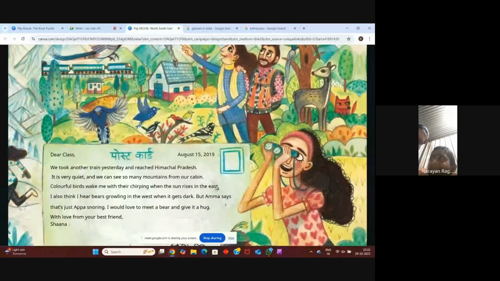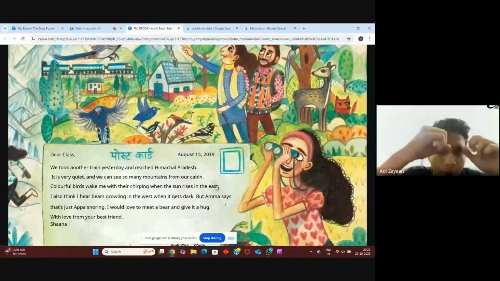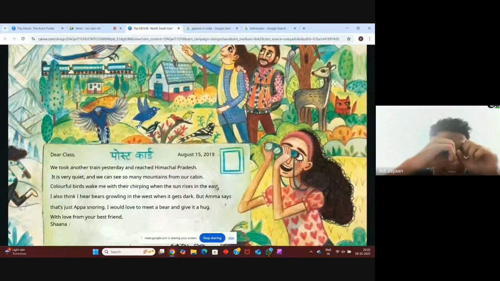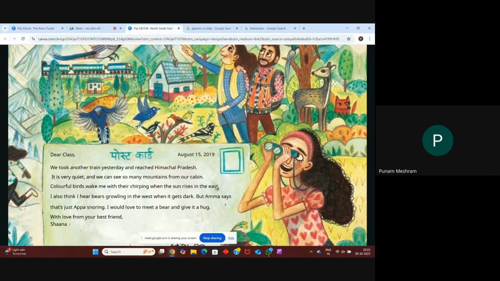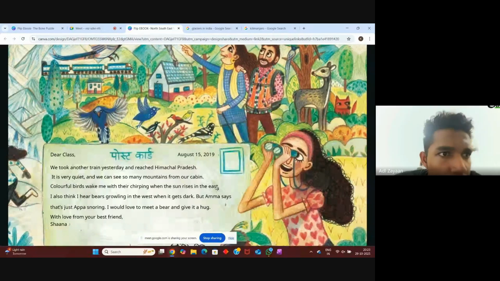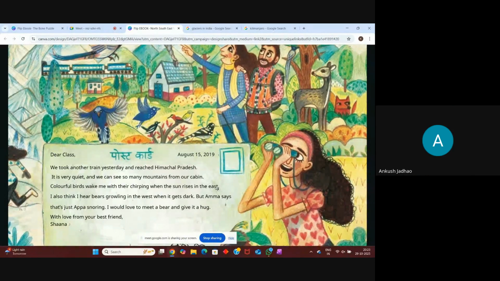What is that thing called? That girl Shana is looking through one thing, right? What is that thing called? A telescope is used to look at very far things.